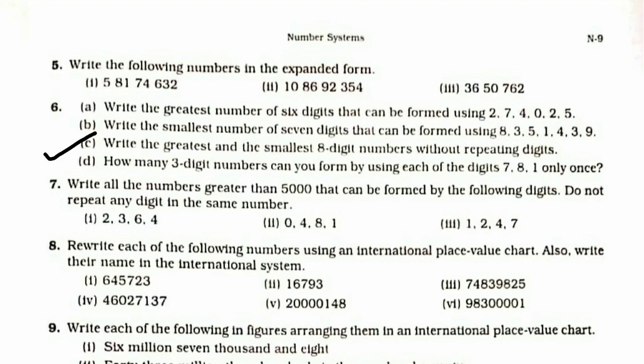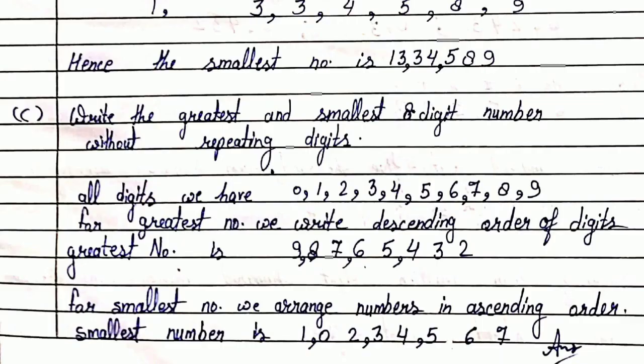The next part is saying write the greatest and the smallest 8 digit number without repeating digits. So how will we do this question? In this answer, first you will write all the digits we have: 0, 1, 2, 3, 4, 5, 6, 7, 8 and 9.